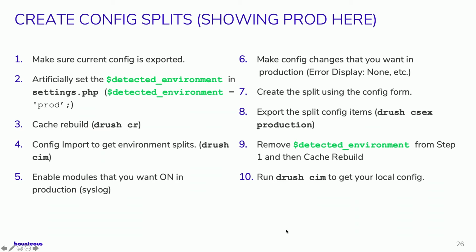Then you go to the split configuration form, you create that split, and then you run the drush command to actually do the export of the split. Then you do your main export, which I actually need an 8A in there as well. And then change your environment back to what it was in step one, and then do your import again, and you're back in business. You're up and running.